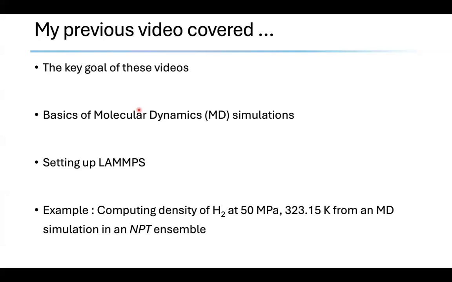Finally, the densities were then compared to the RefProp database, and we recovered excellent agreement.